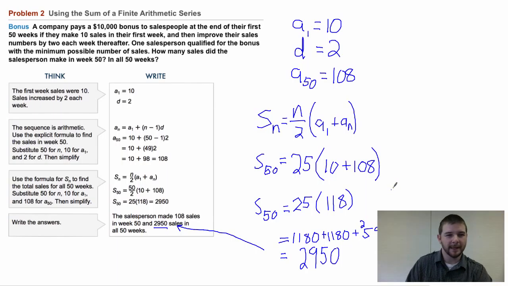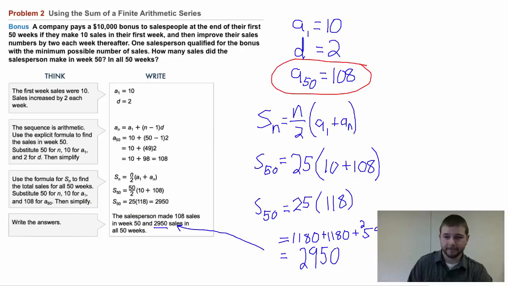Now, we were also outrightly asked, how many sales did the salesperson make in week 50? We found that earlier. I just hadn't stated it yet in a way that we would use as an answer. But week 50, recall, was 108 sales.